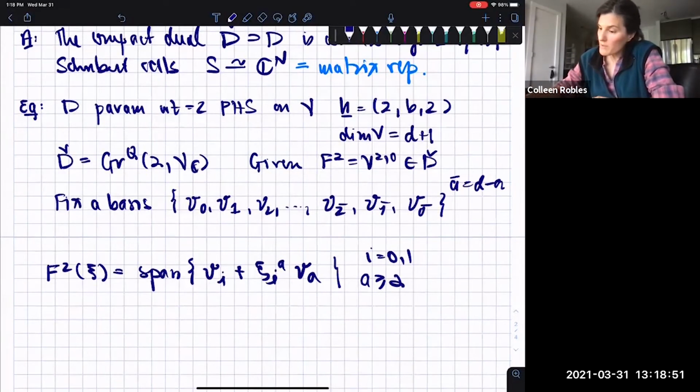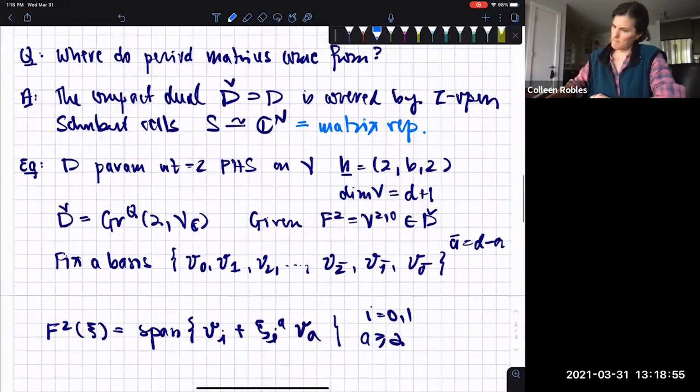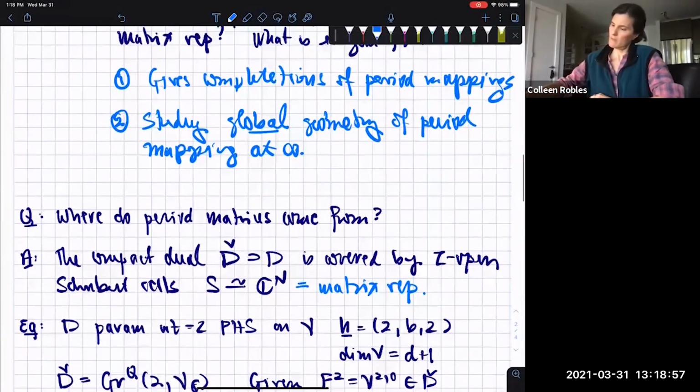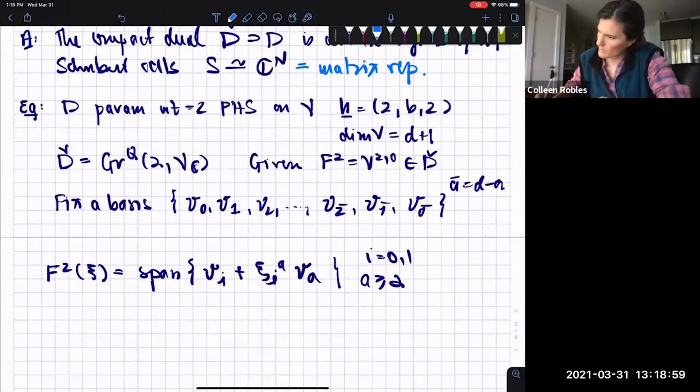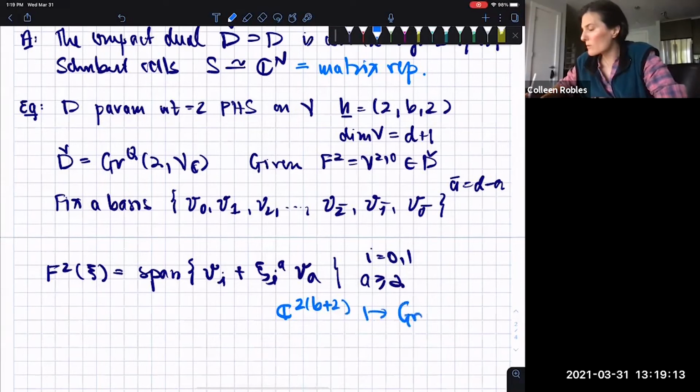So what I've written so far here describes a map from, let's see, I guess this is going from 2 times, into the full Grassmannian of 2 planes.